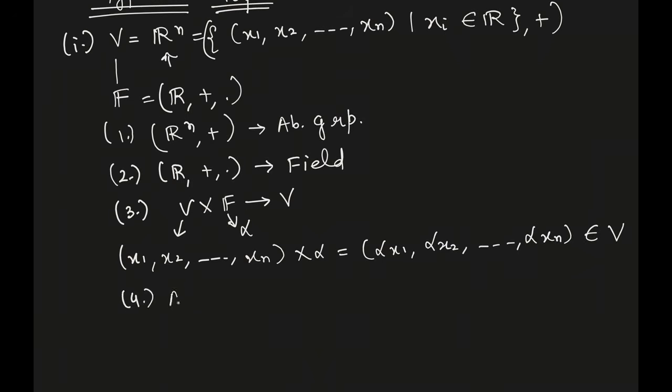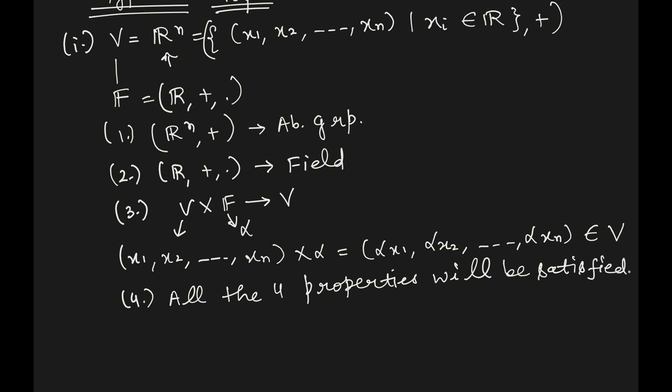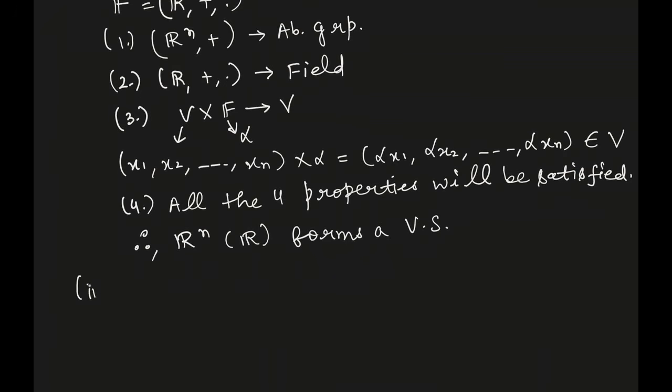Fourth property, all the four properties will be satisfied. Therefore, R n over R forms a vector space. Second example, check and tell me R n over Q.